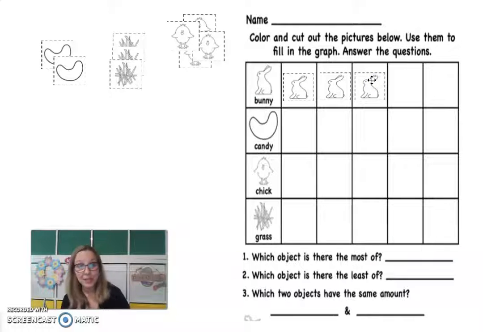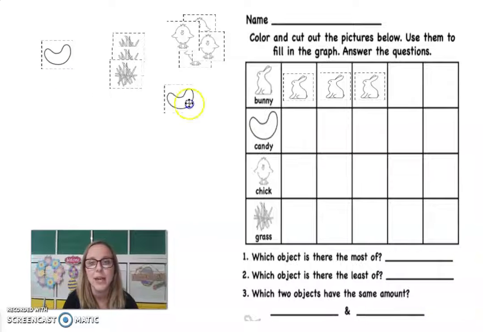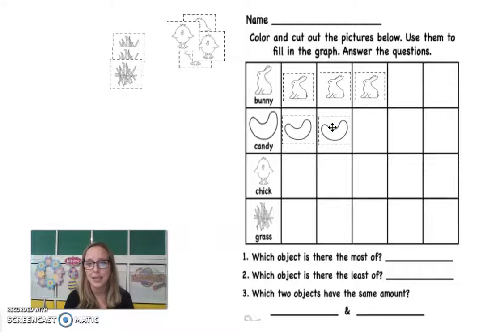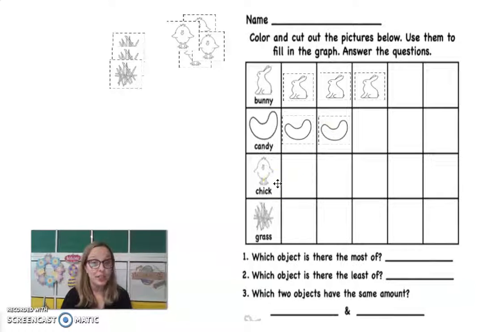And if you're working quickly and you're keeping up, then you can just get ready for the next Easter picture or object. So the next one is those candy jelly beans. I'm going to go ahead and put a jelly bean or a piece of candy in each of those boxes like that. And our next picture is the Easter chick.